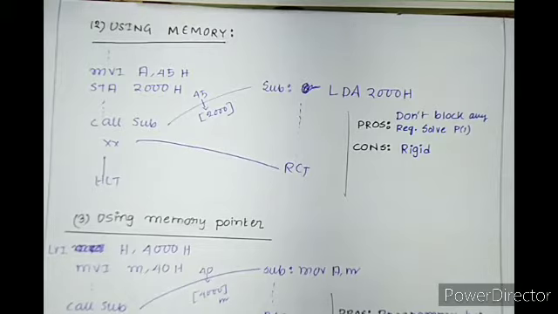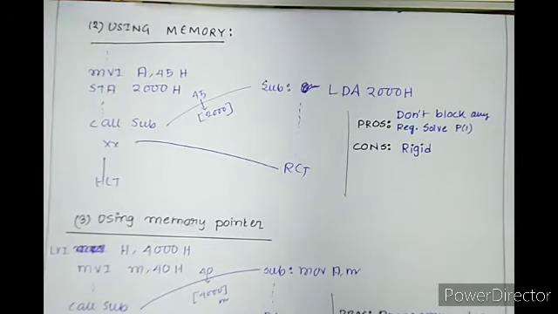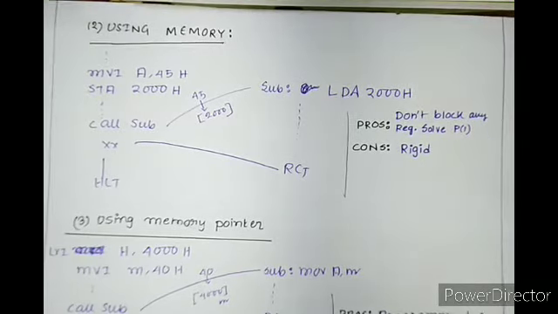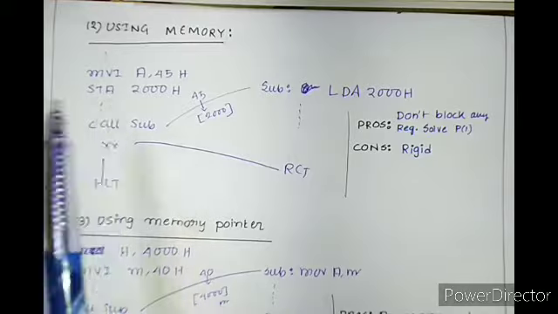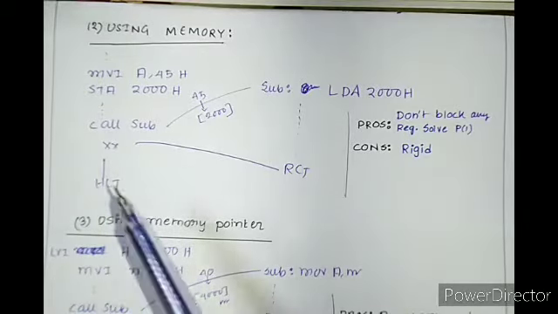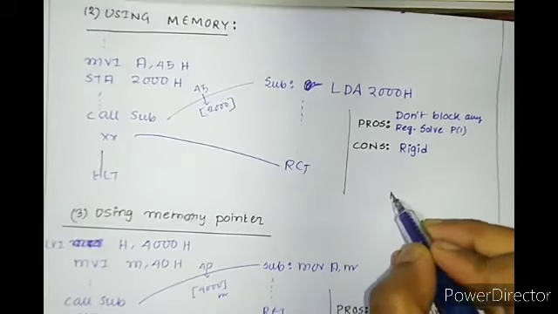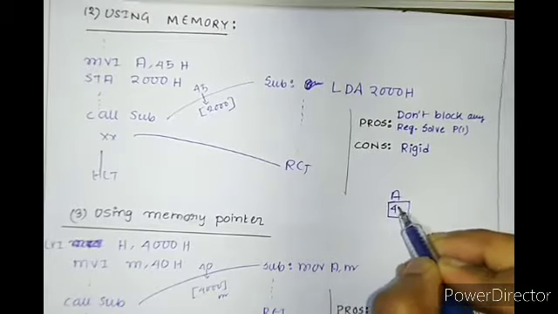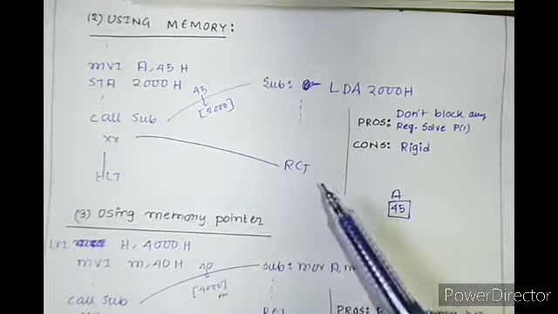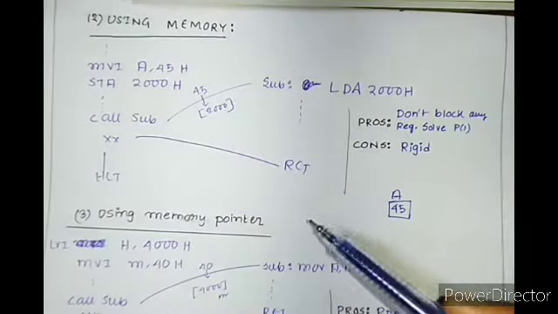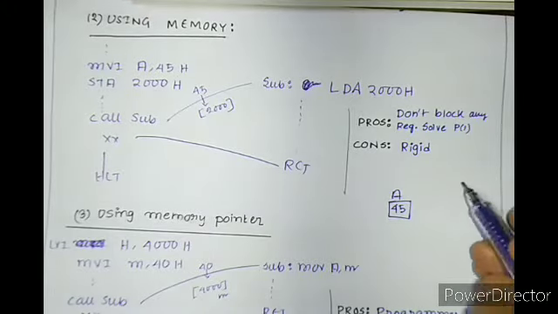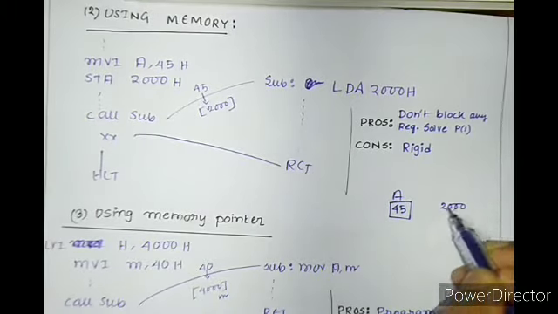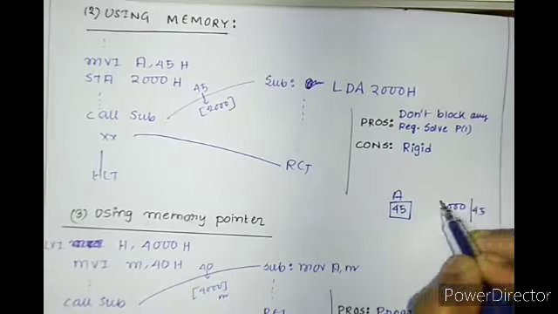The next method is to send my data using memory. We can pass parameters using memory. How? Suppose MVI A, 45H means in register A we have 45. Now STA 2000, store accumulator at location 2000. So in location 2000, 45 gets stored.